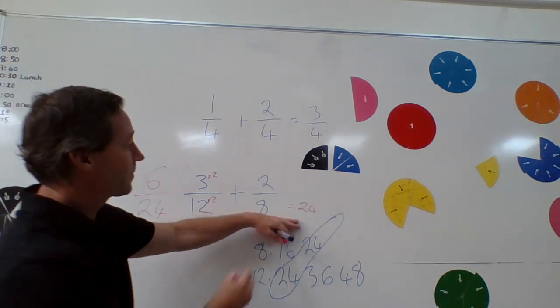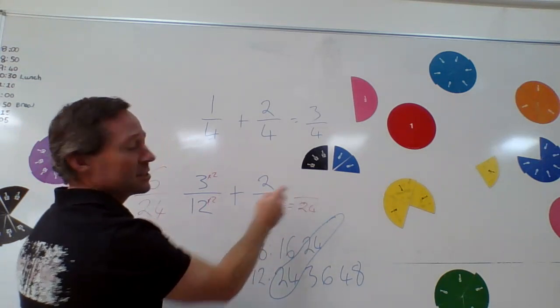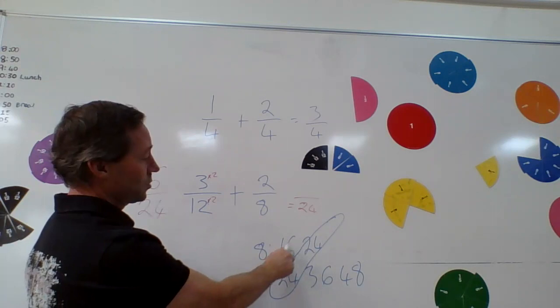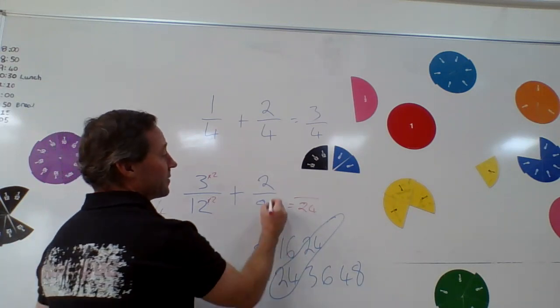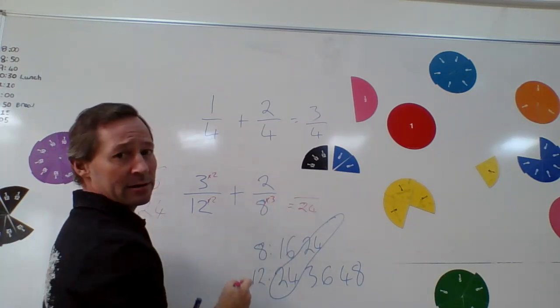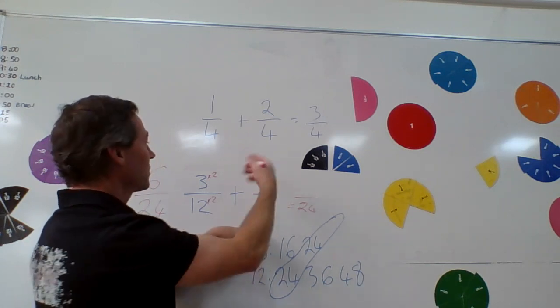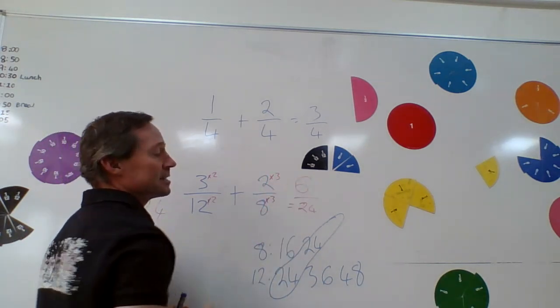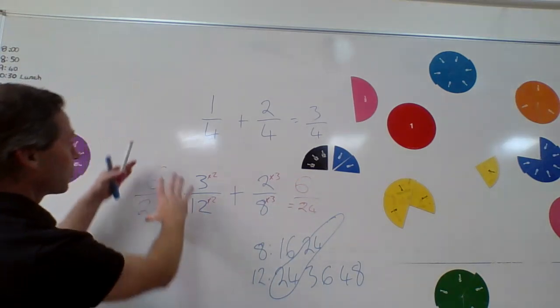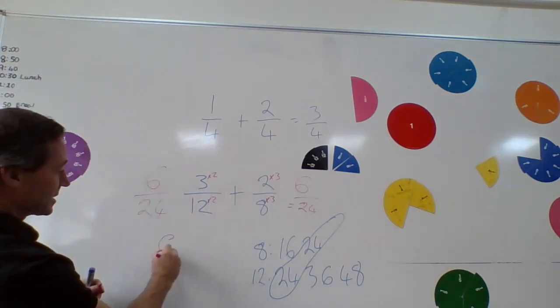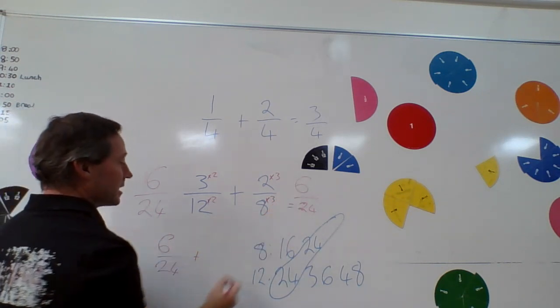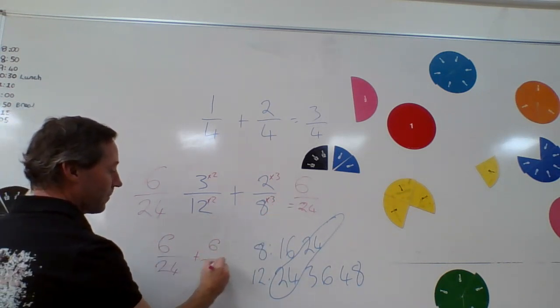This one over here, how many 8s fit into 24? 1, 2, 3. Which means if I times 8 by 3, what I do to the bottom, I do to the top. Which now says 6 over 24. If I was to rewrite this, it would be 6 over 24 plus 6 over 24.